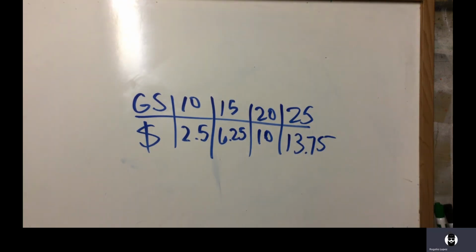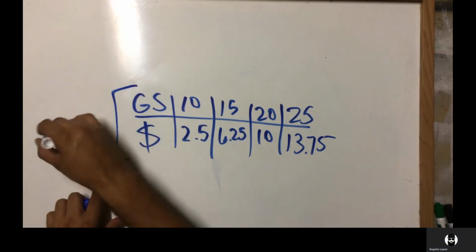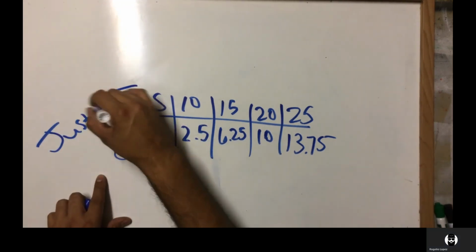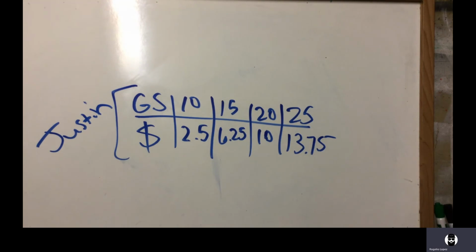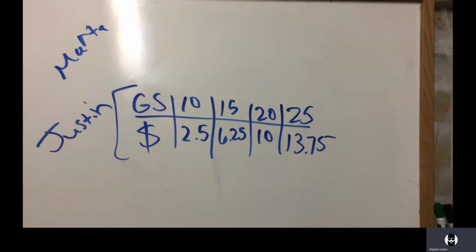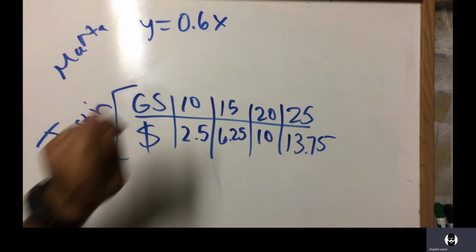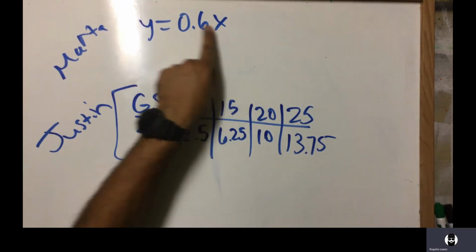Okay. So this is Justin's, and for Marta, it said that hers was y equals 0.6x. So x is the number of cups sold, and y is her profit.